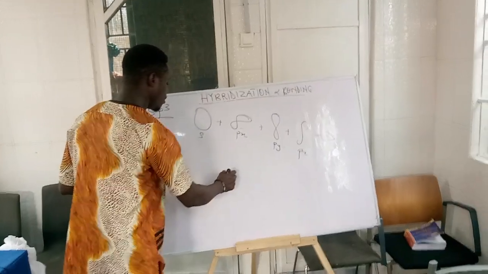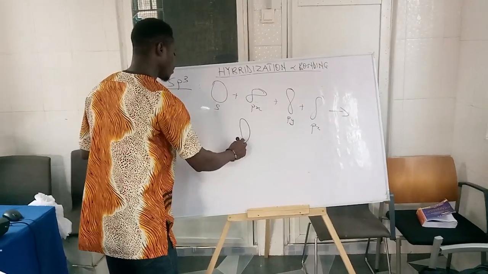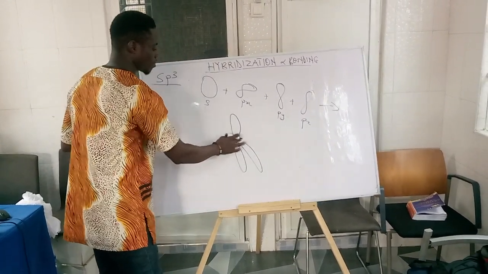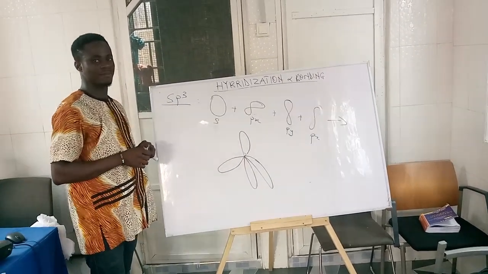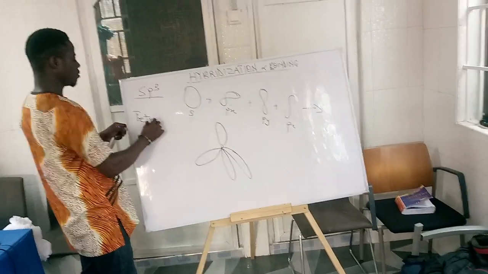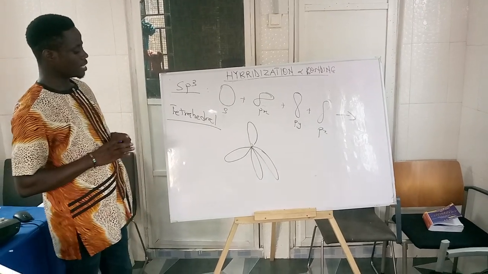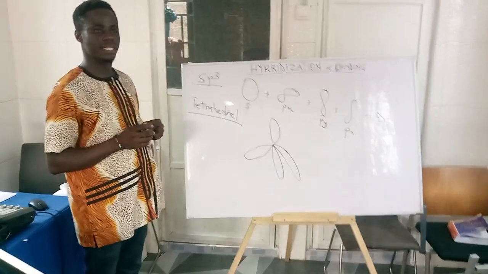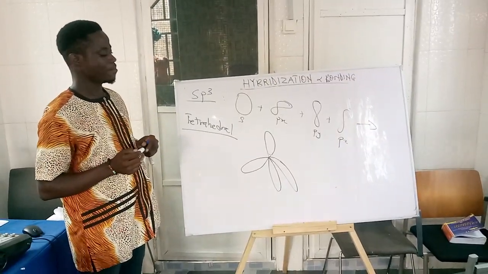So we form something like this. So this is tetrahedral. Tetra means 4. So any molecule which is having sp3 hybridization is tetrahedral in shape.